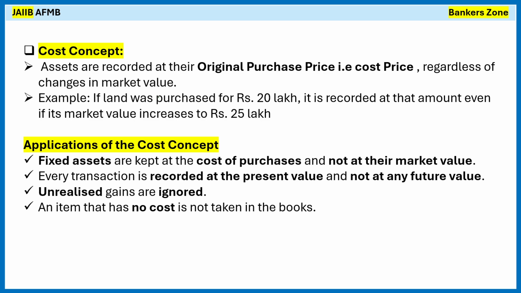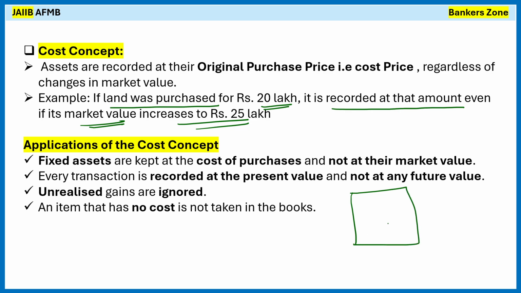Through an example, you will get a better idea. For example, land was purchased for 20 lakh. It is recorded at that amount even if its market value increases to 25 lakh. Say this is the book of account of a company, the owner has purchased some land, and you are the accountant who has to make the entry. You will record the cost of 20 lakh.